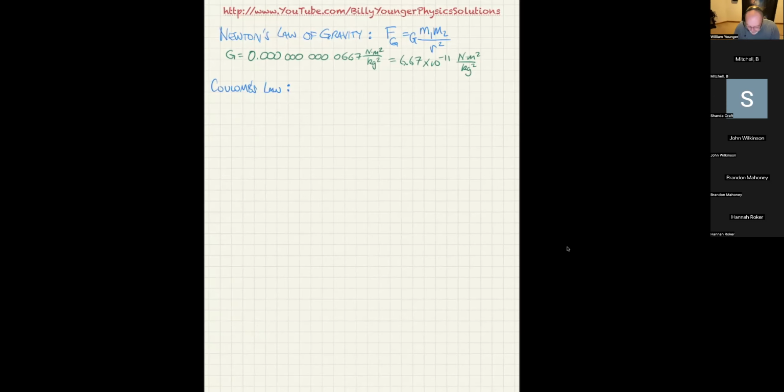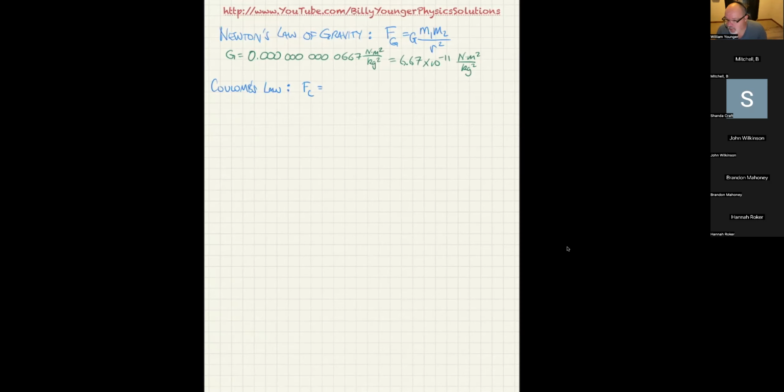But here's the reason that I showed you gravity first. Coulomb's law, which I'll put a subscript C on. Again, I'm not going to usually use the subscript G and the subscript C; I'm just putting them for the extra credit problem I'm going to give you in a second. The law of Coulomb basically says that the force between two particles that are charged, and that's the key thing, the two particles have to be charged.